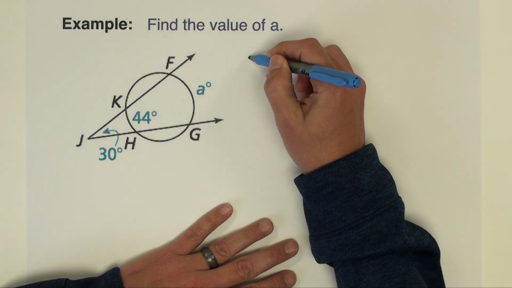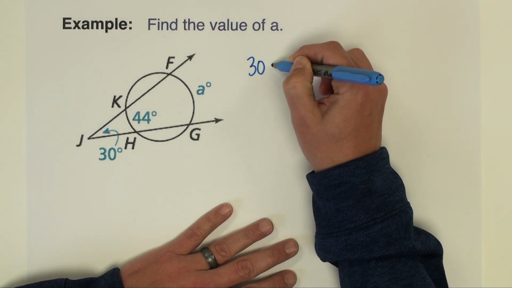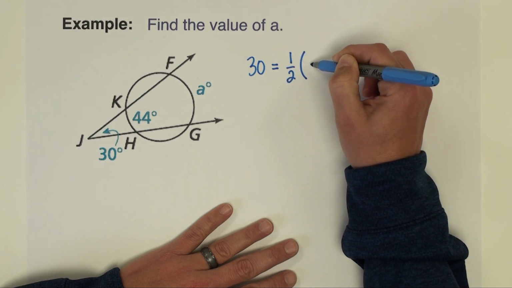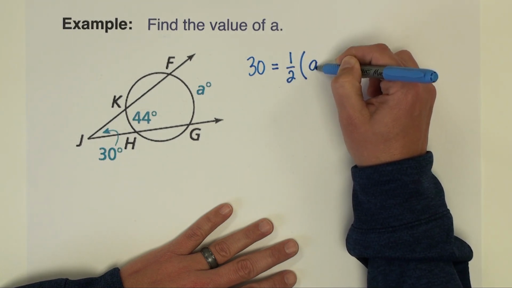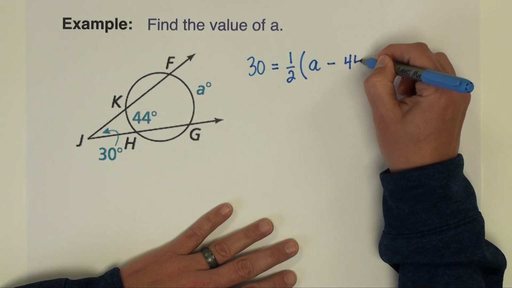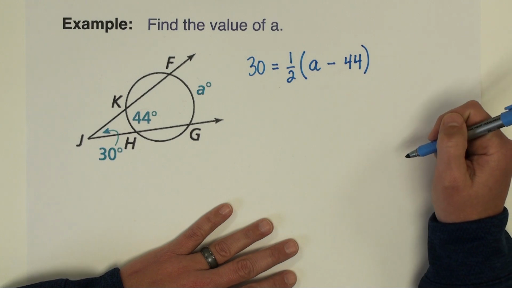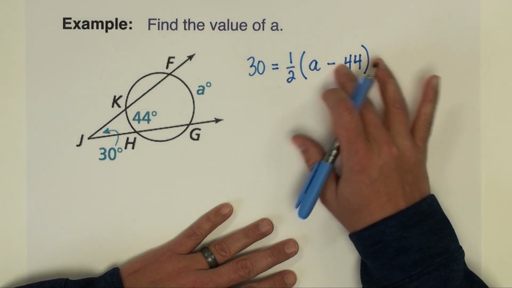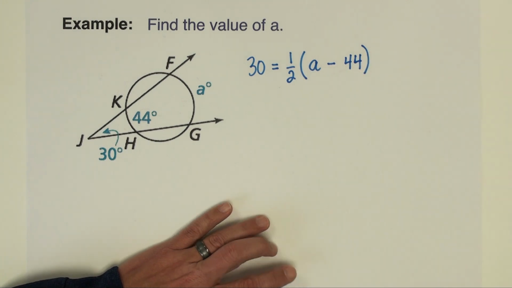You want the measure of the exterior angle equal to half, and now I want the larger arc, which is A, minus the smaller arc, 44. Now we do have to solve this equation for the A. The A is on the right hand side with all this other stuff, these other numbers, so we have to solve this.